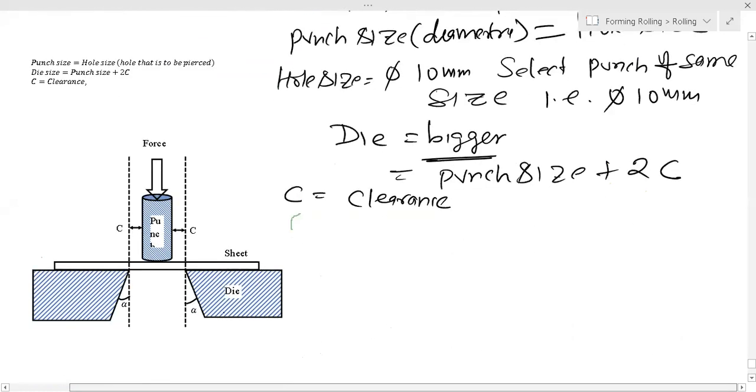So here you can see you have a die and a punch. The punch diameter is D, right?